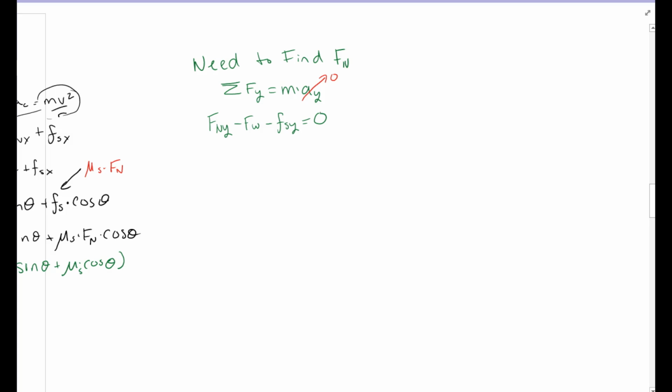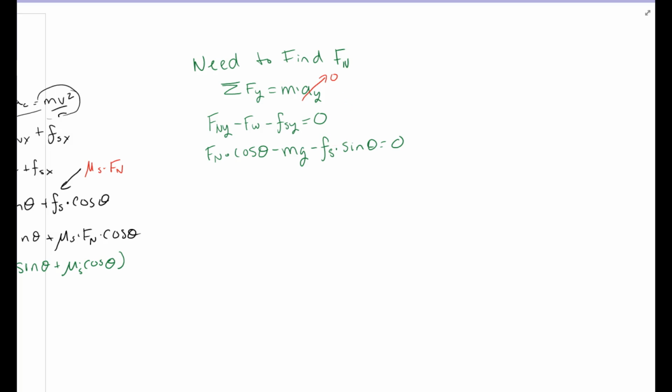My force of normal in the y, where before it was sine, is now cosine. So the force of normal times cosine of theta. We know the force of weight is mg. And the force of static friction in the y direction is the force of static friction times sine of theta, and that's all equal to 0.